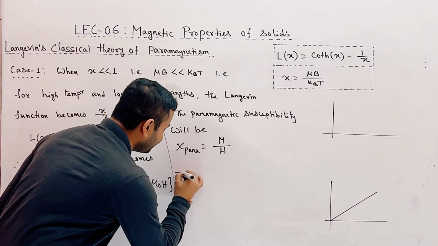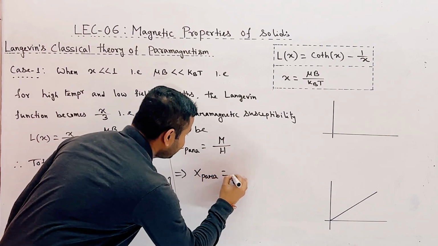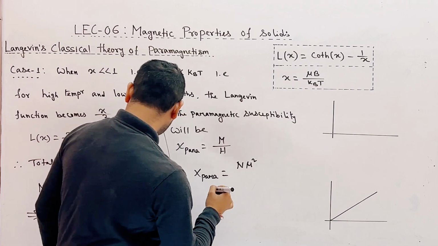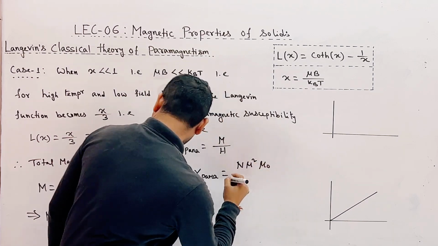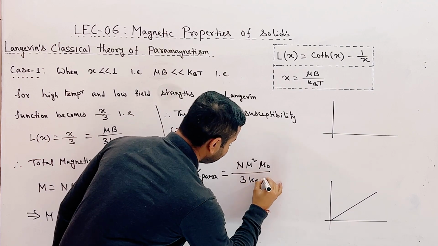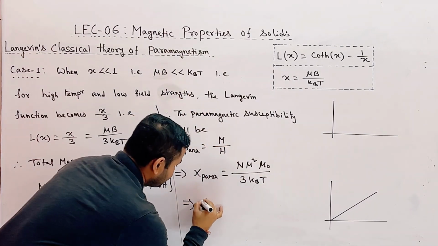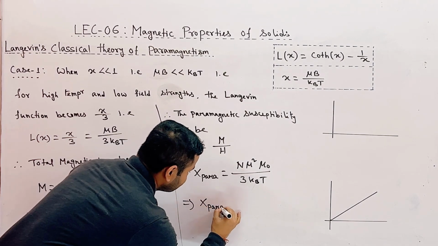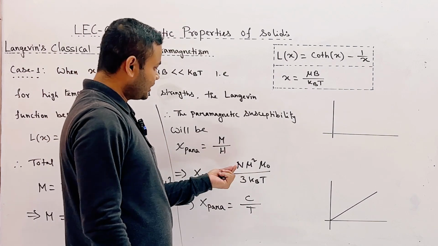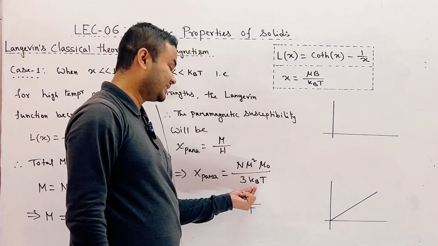After simplification, we will get paramagnetic susceptibility as n mu square mu naught divided by 3 kBT, and this term can be written as C divided by T, where C is equal to n mu square mu naught divided by 3 kB, which is known as the Curie constant.